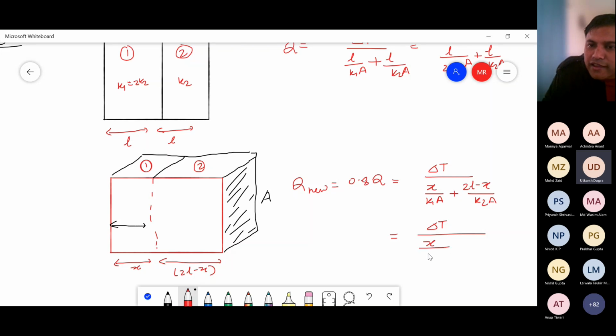So now this is again going to be 2K2A plus (2L minus X) K2A. This is equation number 2.